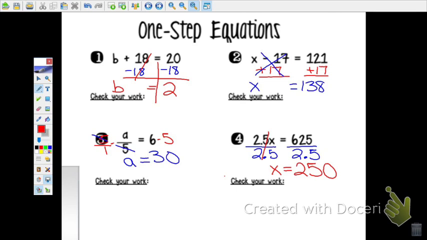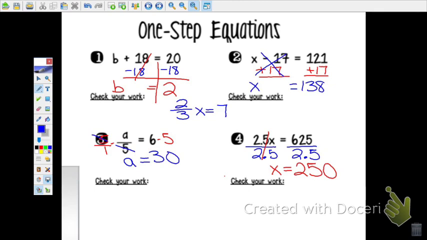There is one more example that is not on here that I want you to write somewhere on this page, because you're going to see some problems like it in your homework assignment. So if I had 2/3 x equals 7.